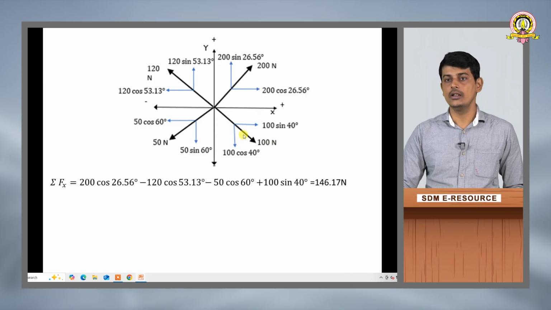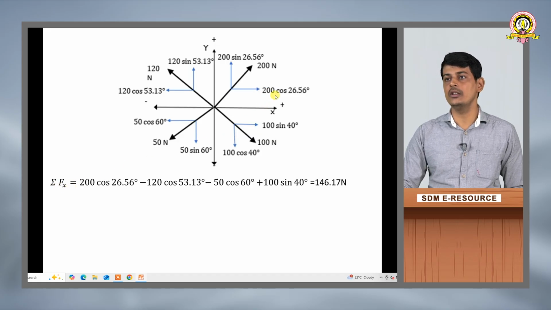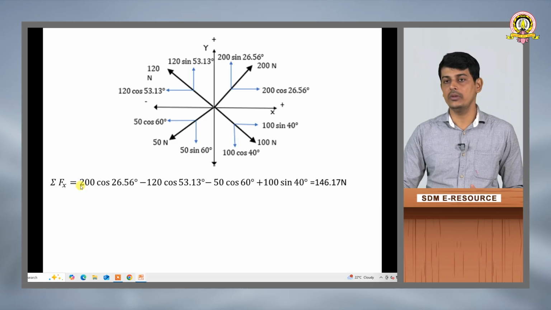vectorially. Here, the summation of F of x is equal to the first force, 200 cos 26.56 degrees, acting in the positive x direction. If nothing is indicated, it means plus. The second force's horizontal component is 120 cos 53.13, and it is negative because it is in the second quadrant, where x is negative as I mentioned earlier.